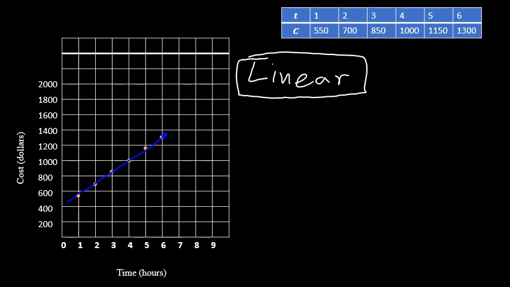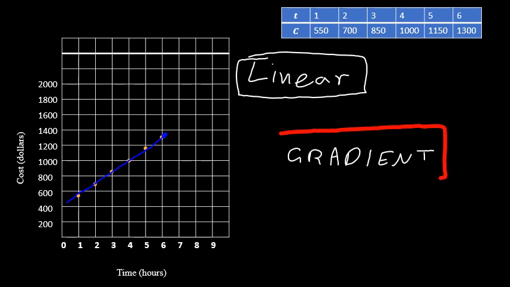That also gives rise to another really important concept that's going to be the focus of what we're doing here, and that is the idea of the gradient. Now, conceptually speaking, I can think of the gradient as being how much does one variable change when I change the other by a certain amount. Let's put that into real terms and see what does the gradient have to do with the graph.